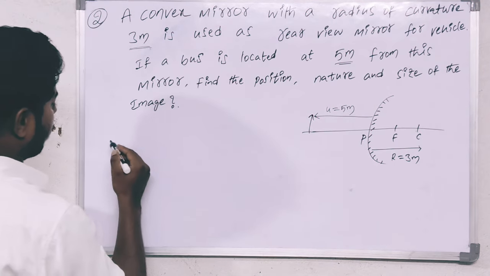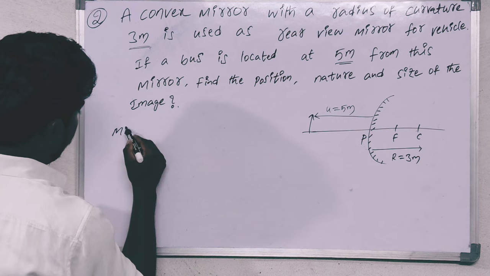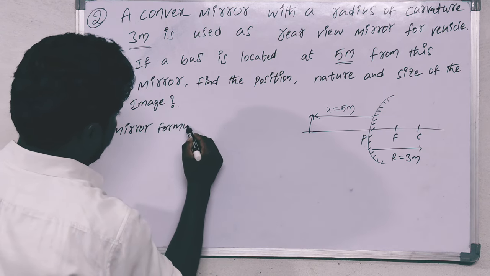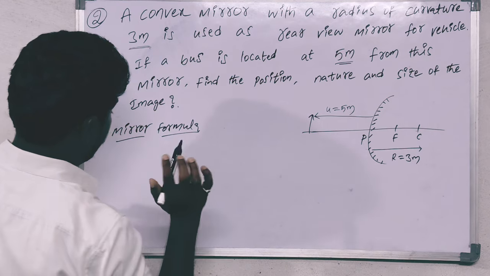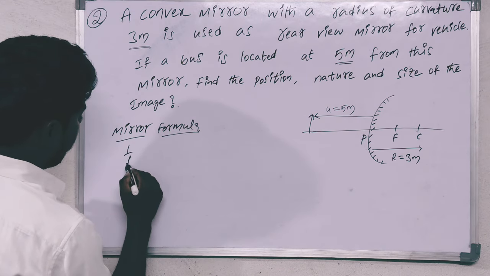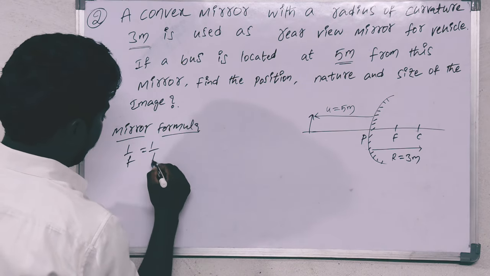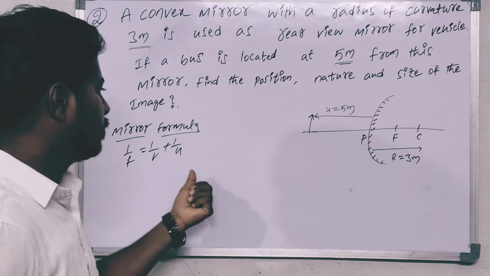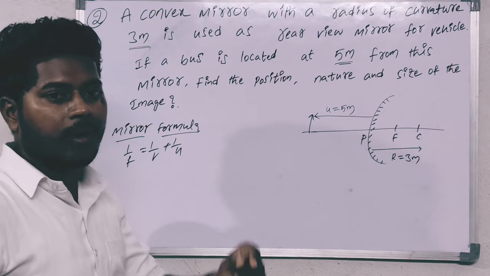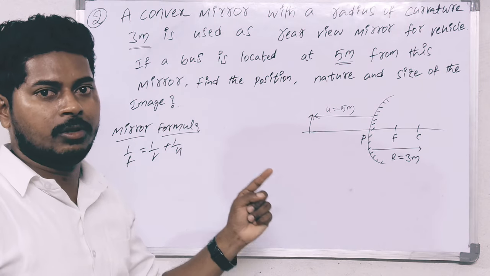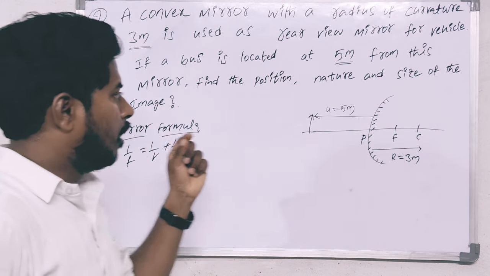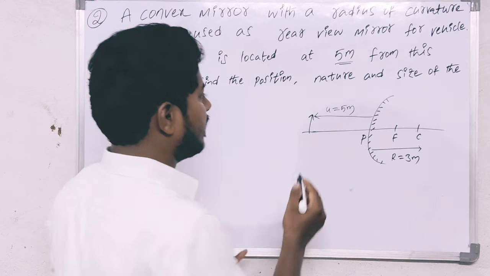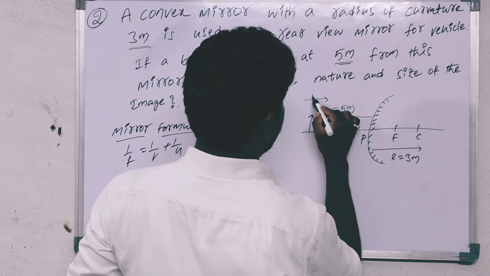Let me write the mirror formula. 1 by F equals 1 by V plus 1 by U. Before substituting the values, we have to apply the sign convention. For that, every distance should be compared with the incident ray. So let me take the incident ray always towards the mirror.